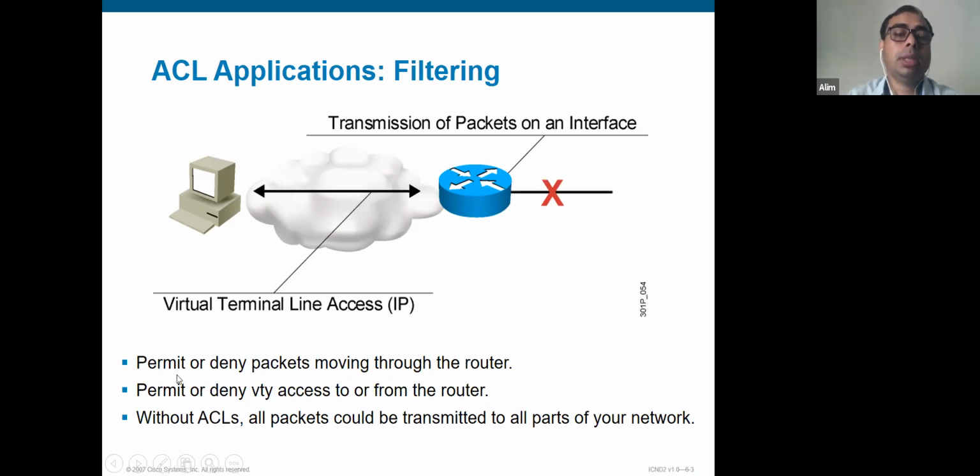What we do with ACL is permit or deny packets moving through the router. We also permit or deny VTY access to and from the router. Sometimes we want to restrict. Say an important example: you are working in the IT department of a big organization.